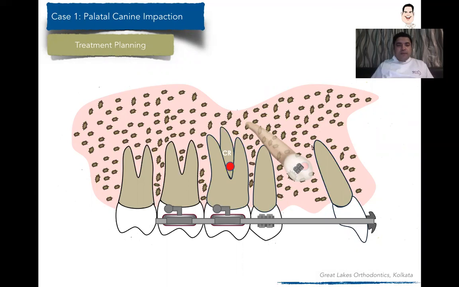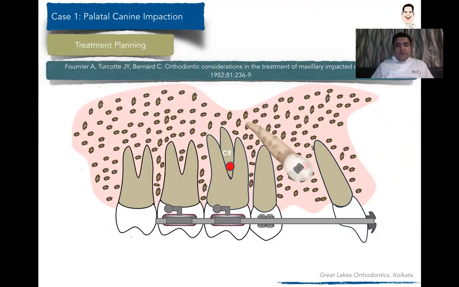So how are we trying to bring the canine out? The first perspective would be to localize the canine and do a closed method, so that the integrity of the periodontal structures is well maintained. You place an attachment over the top of the canine after doing that minor surgical procedure.